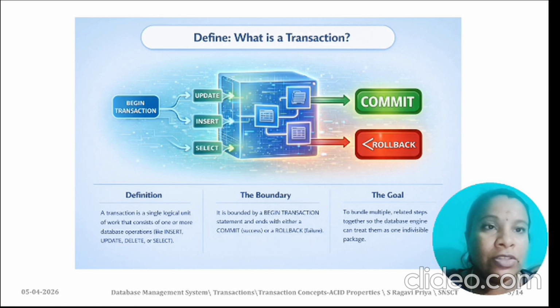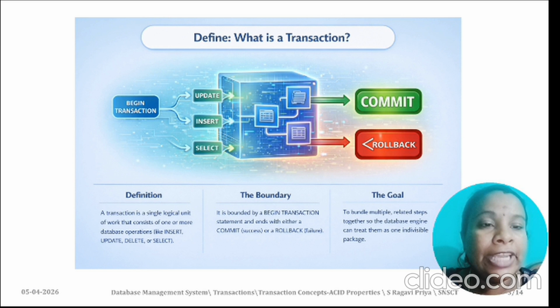So what is a transaction? Begin transaction, update, insert, select. Next there are 2 operations, that is commit and rollback. Definition: a transaction is a single logical unit of work that consists of one or more database operations like insert, update, delete or select.